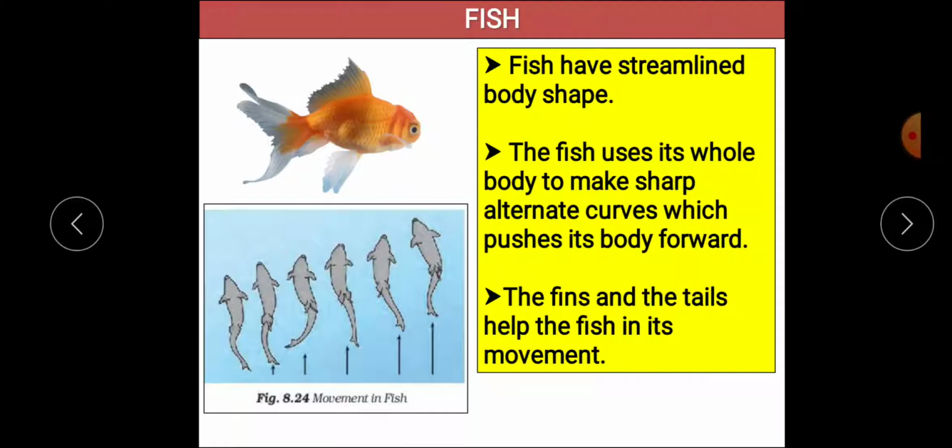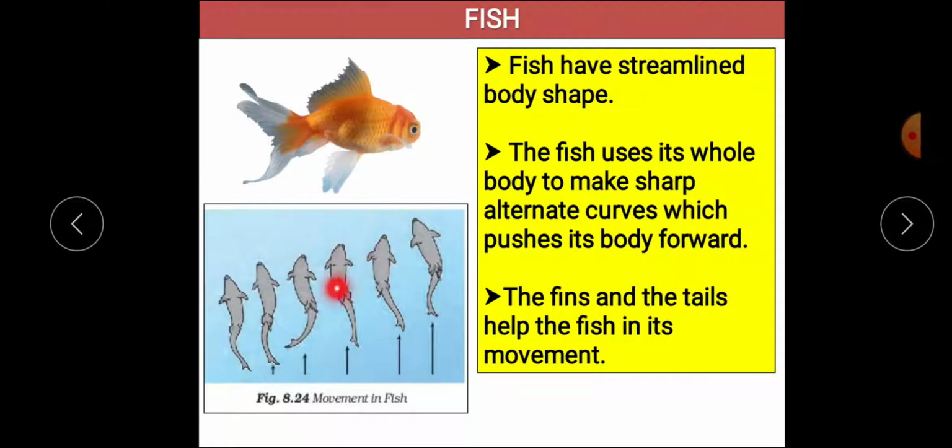Then the fish will, with a jerk, move its head part in the opposite direction. Here it was towards the left side, and it will curve its head again with a jerk towards the right side, and also the tail, which was first towards the right side, will be curved towards the left side.